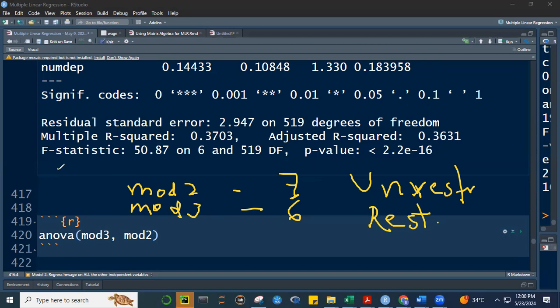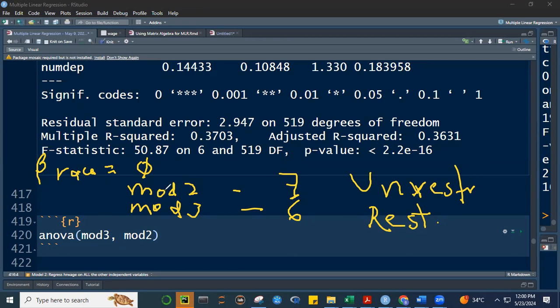The difference is in the race variable, right? So we are testing if indeed race is equal to 0. That's beta number 4, I think. So beta race is equal to 0. That is what we're testing.